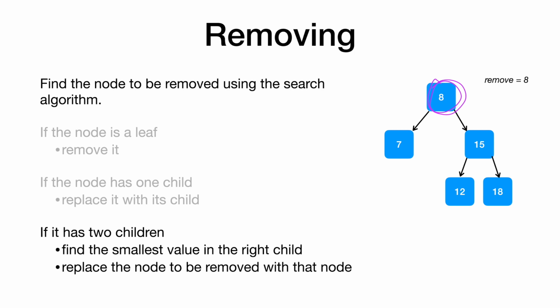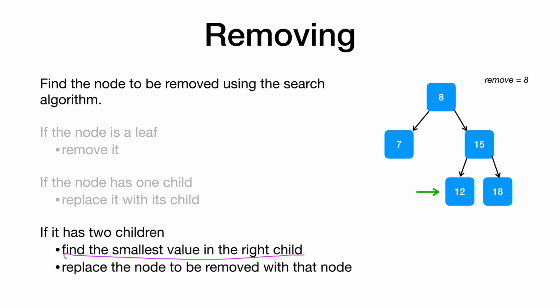So what we want to do is first find the smallest value in the right subtree. So we start in the right subtree at 15, and we recurse always to the left until we reach a null pointer, right? So here we go from 15, and we take its left pointer, and we end up at 12. If 12 had a left child, we would keep going, and so on.